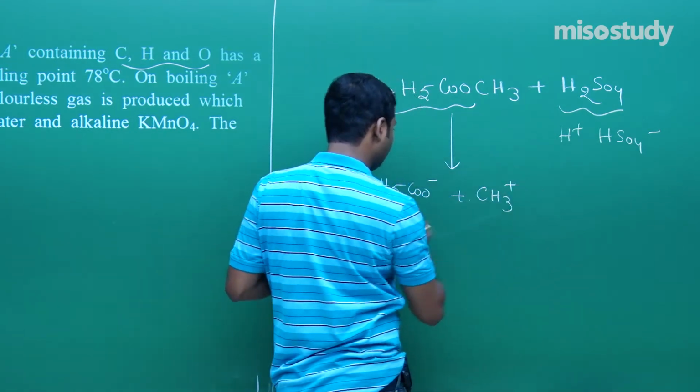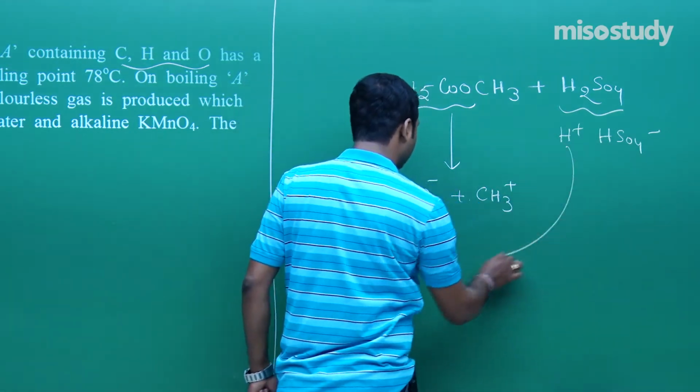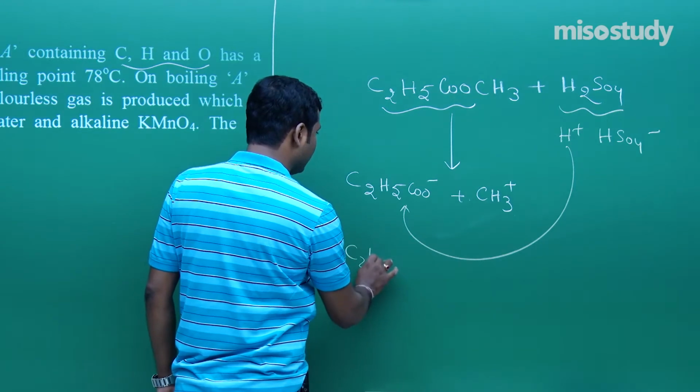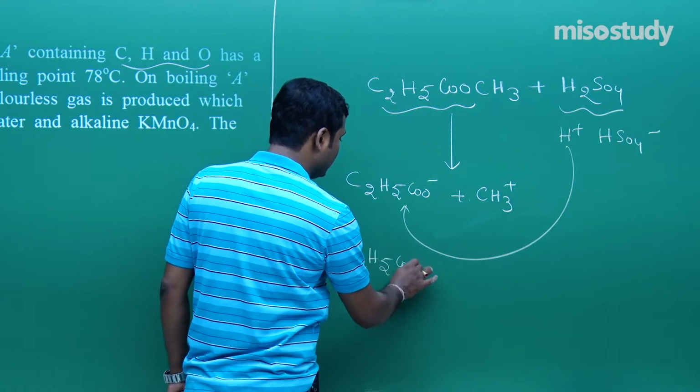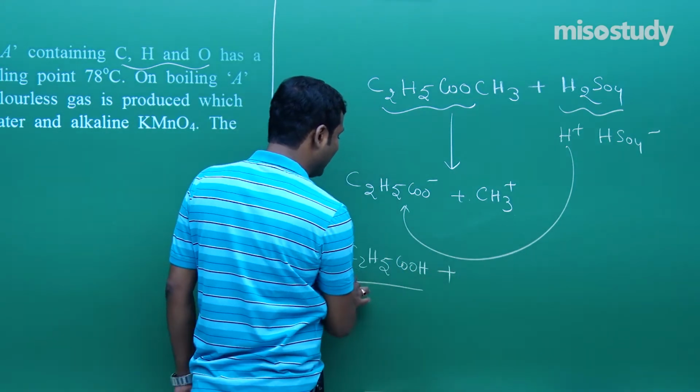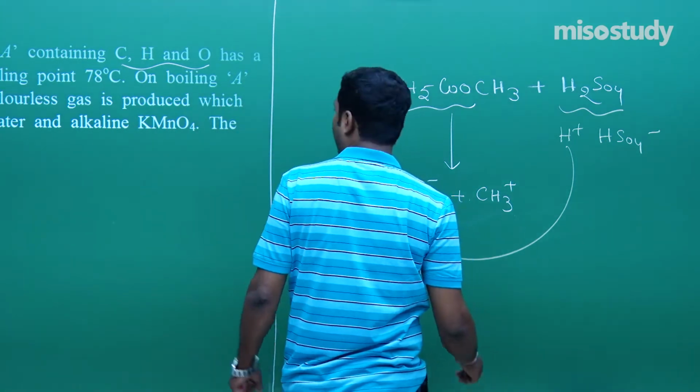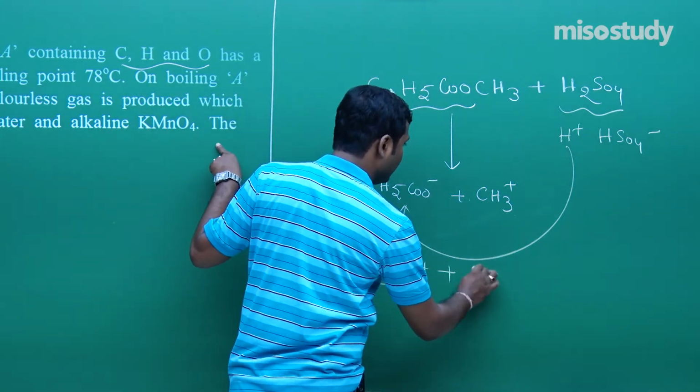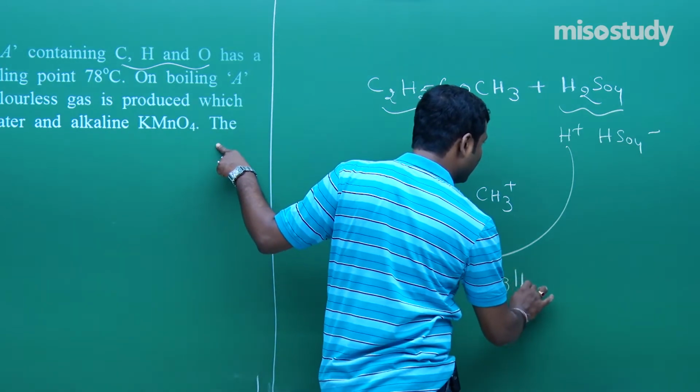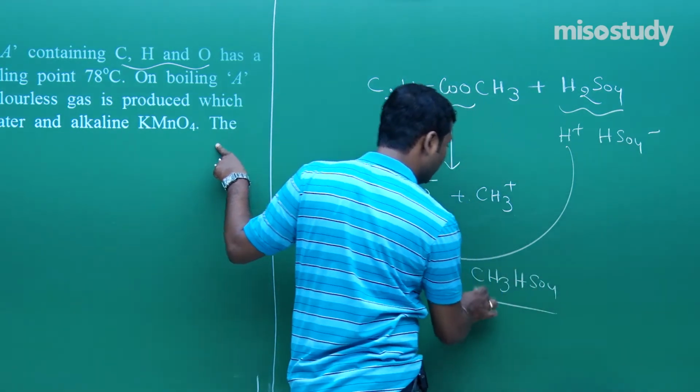If H moves here, it gives C2H5COOH, that is propanoic acid, and the next product is CH3HSO4.